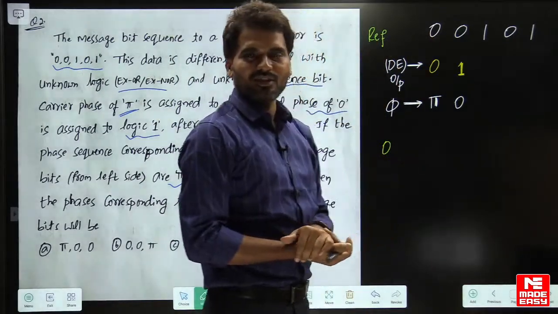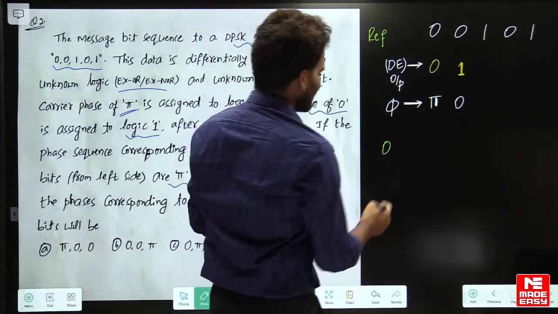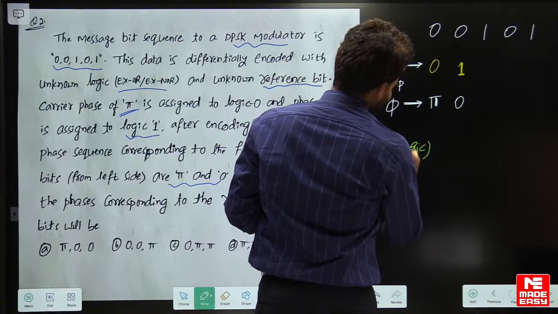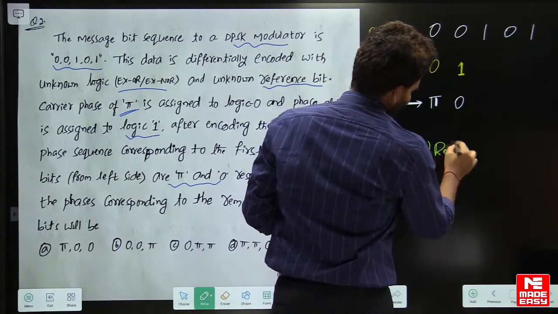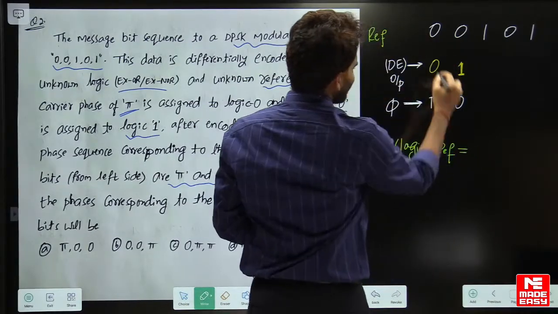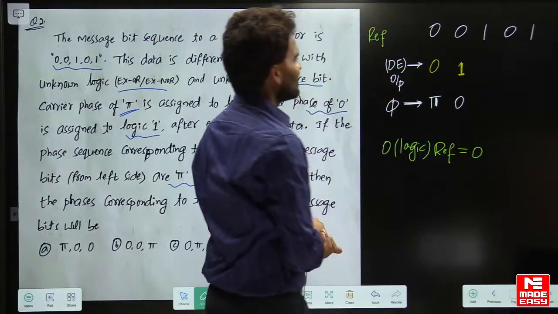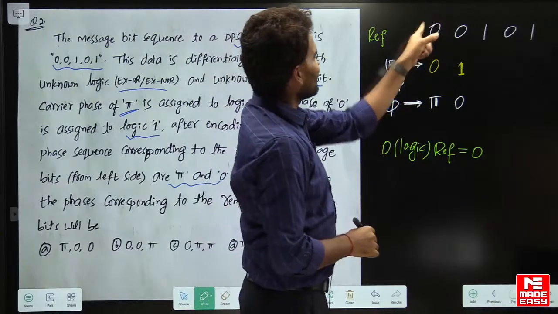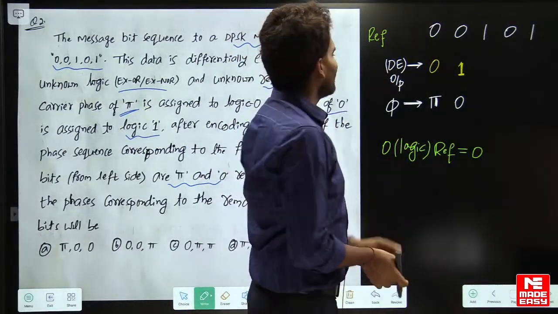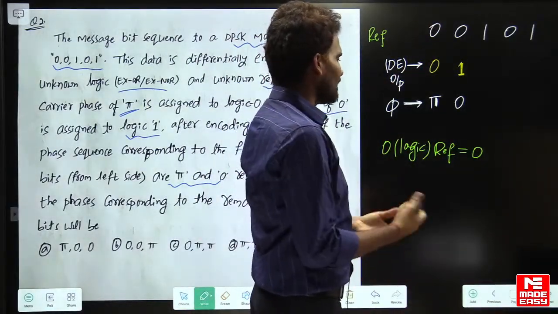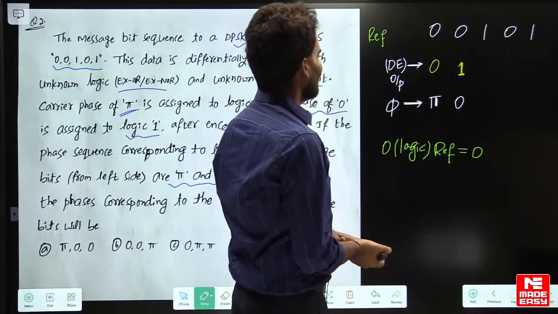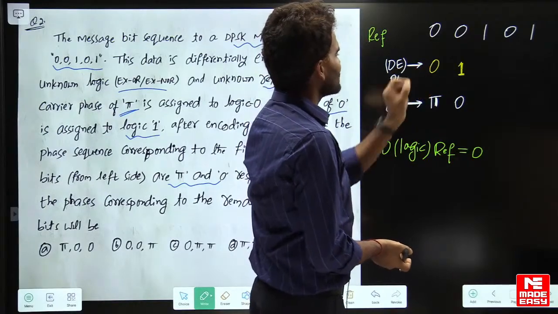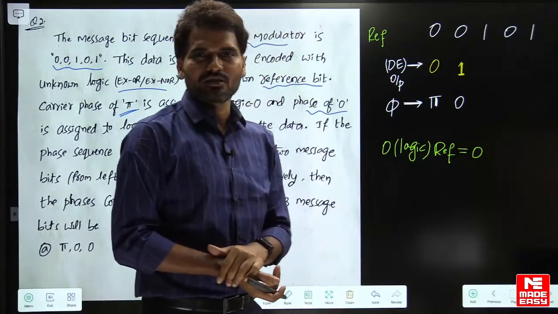That logic is not given, so I'm writing it out, with the reference bit equal to 0 here. Depending on which logic is used, XOR or XNOR with the reference bit, you will get the first bit of the differential encoder output.